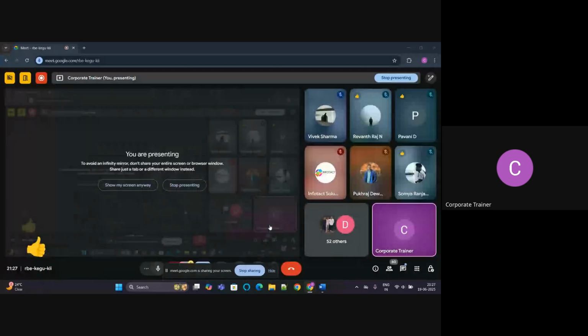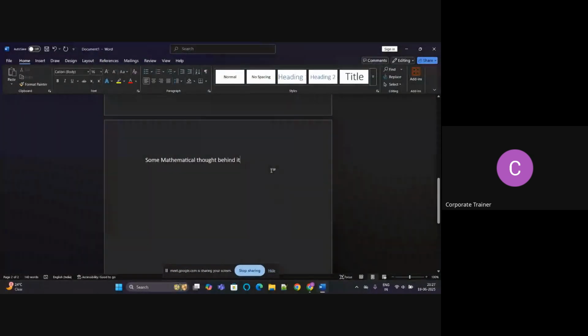So I'm saying that sometimes you have to follow some mathematical things when you try to understand this. Whenever you have a distance matrix, you have to follow some method.